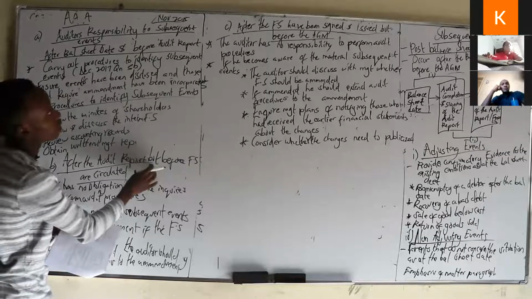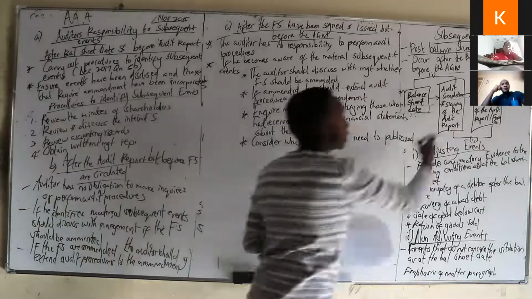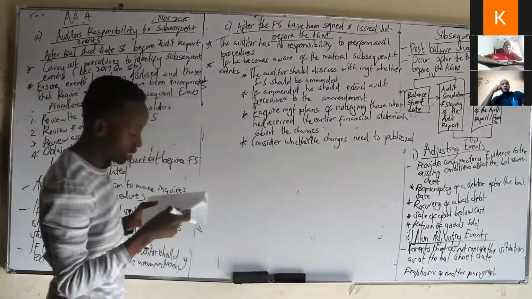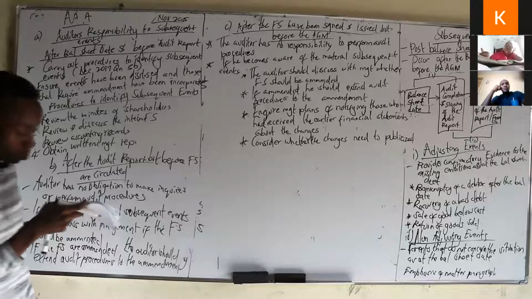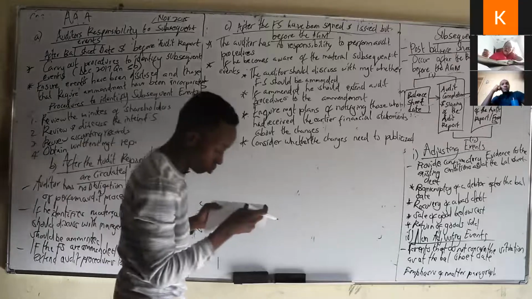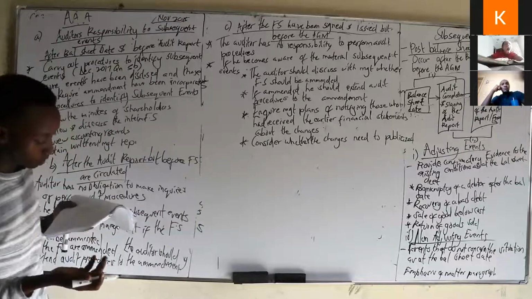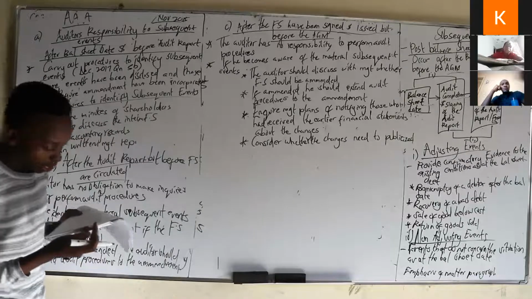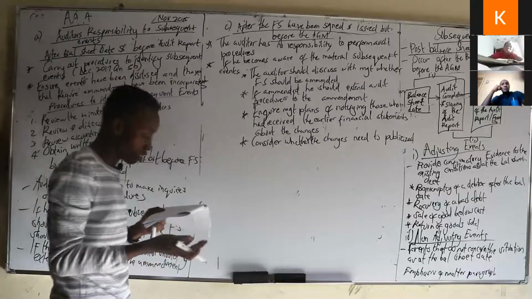So the thing is to identify these time periods as the subsequent events. And then thirdly, 12th November to 2nd December, the period between the audit report being signed and 2nd December, when the financial statements were to be issued. That one is what you have covered.